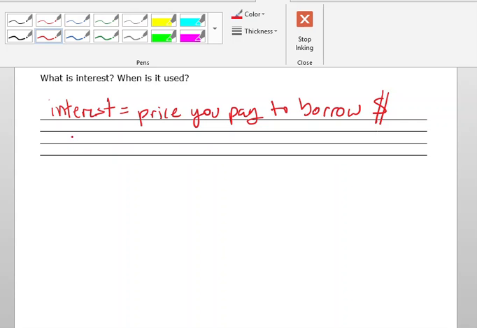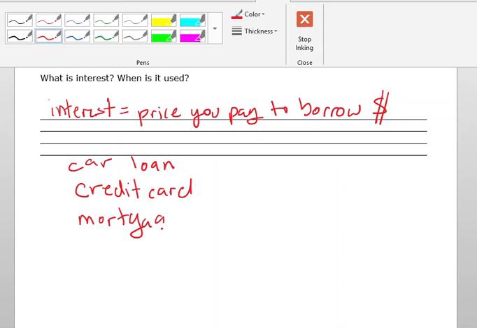So some examples of when you might pay interest are a car loan. You might have a credit card on which you'll pay interest. You might have a mortgage, which is when you buy a home.